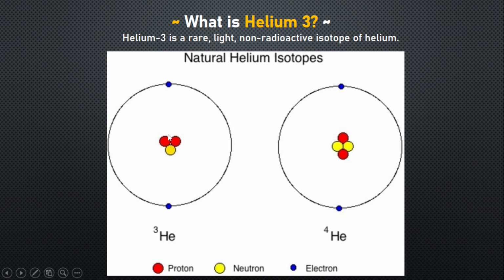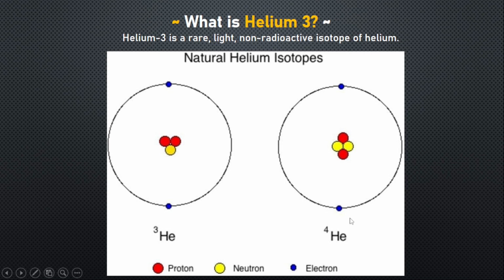Helium-3 is a twin brother to helium-4, but it has only one neutron: two protons and one neutron. Because of this one missing neutron, it is a variant of helium-4. Not chemically, or sometimes chemically, but it is lighter.